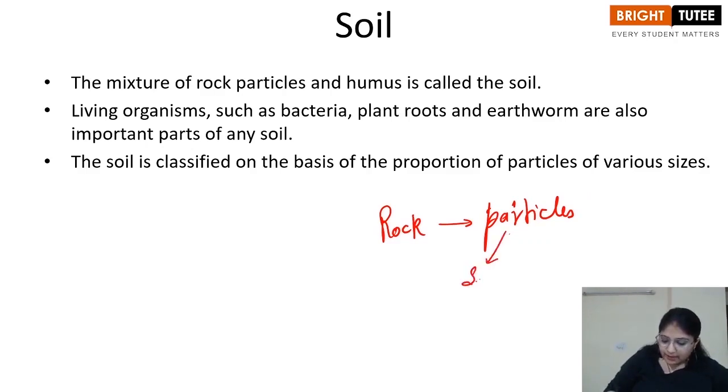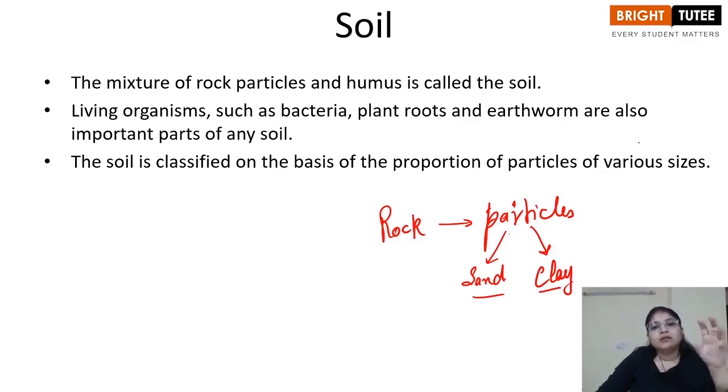One is sandy or the sand, and the other is the clay. Based on which particle is more in a particular soil, that type of soil is formed. Whether the soil has more sand particles or more clay particles, depending on the percentage or proportion of the sand or clay particles, the soil type is formed, right?